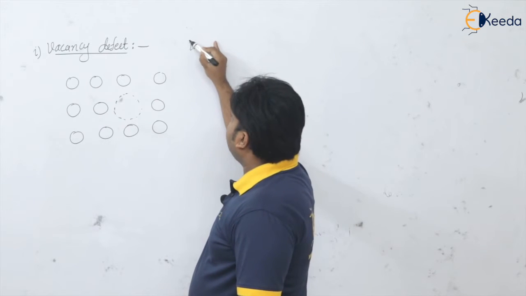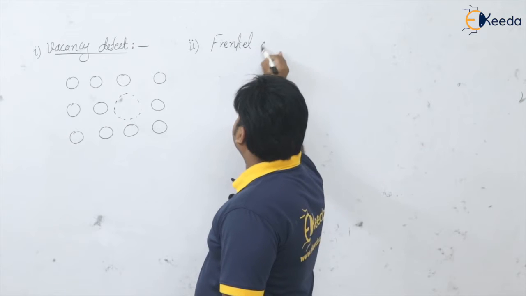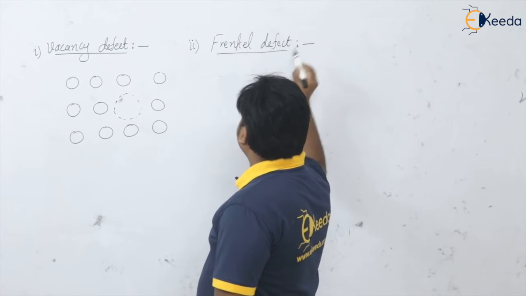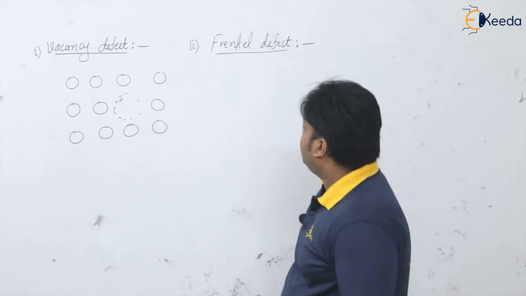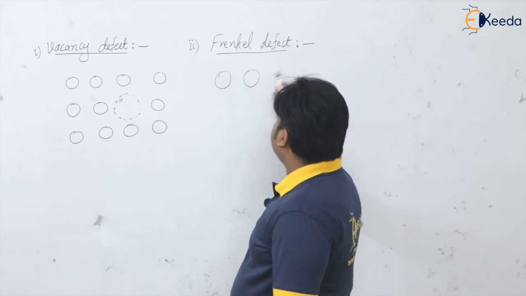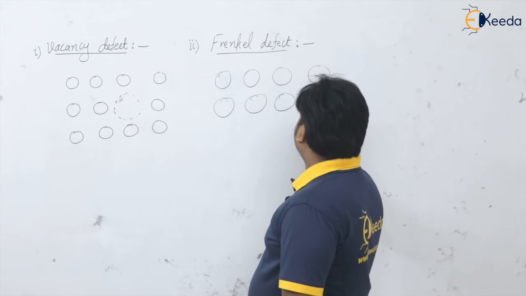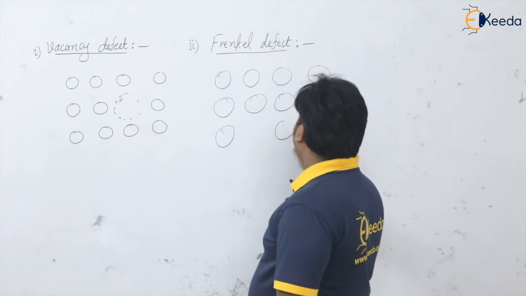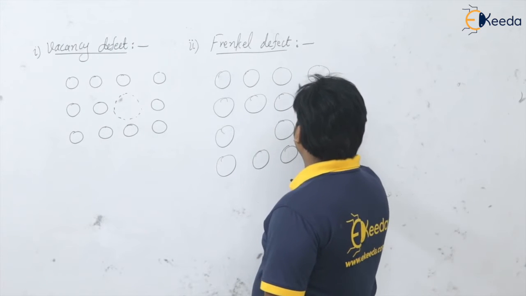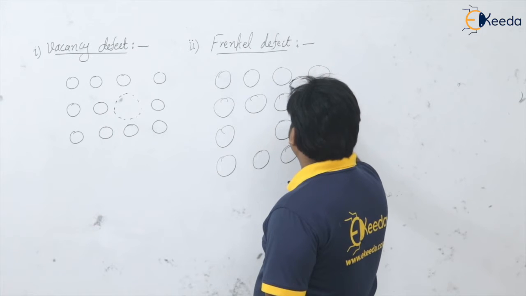In intrinsic we are again having the Frenkel defect. Whenever we are having ionic materials, what is going to happen? The atom is missing from its position, but in the same arrangement it is taking some interstitial site.